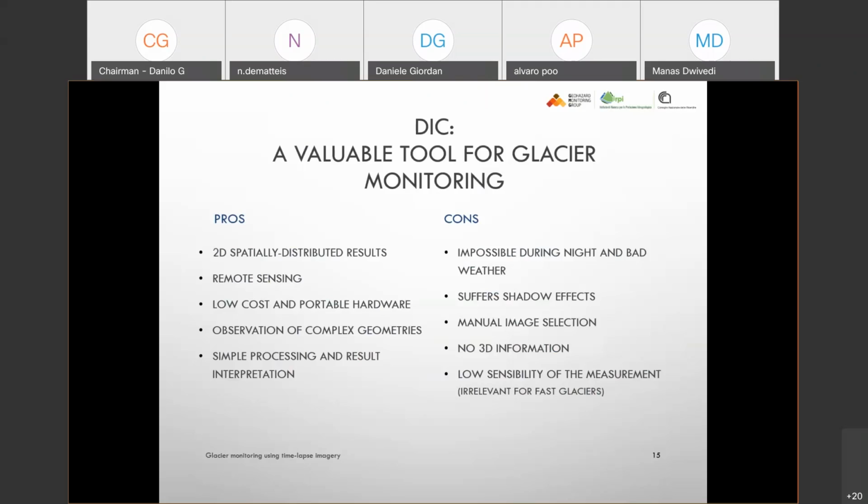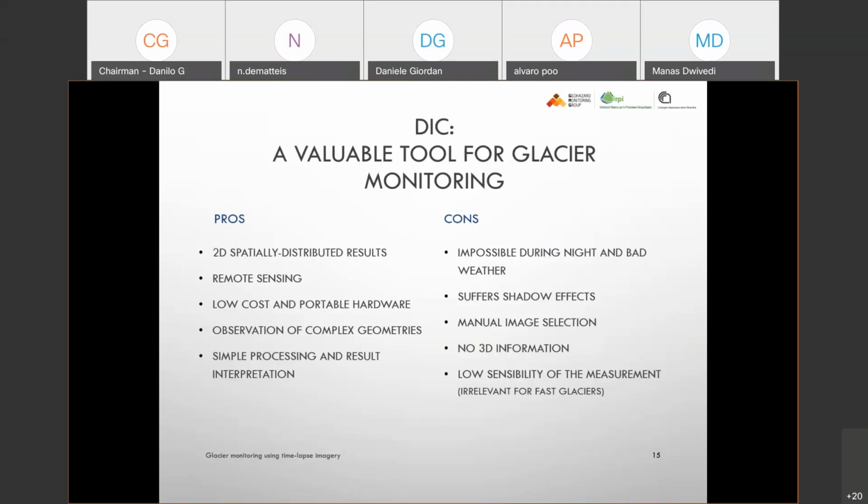But one limit is also that it is necessary to select the images to be processed, and this is usually conducted manually, and therefore human effort is required to select the images.